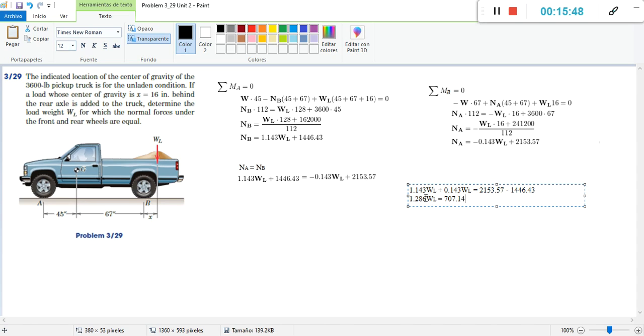From there, we can change this to another side, and we have that WL is equal to 707.14 over 1.286.